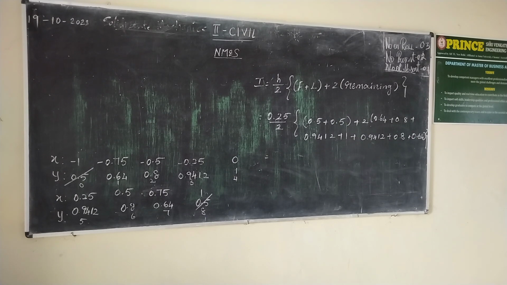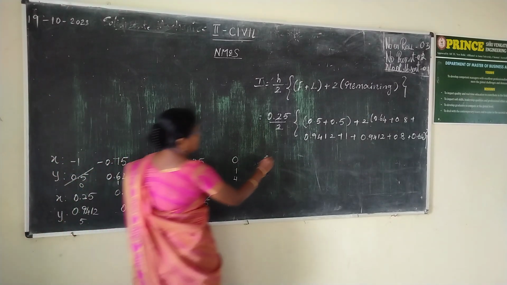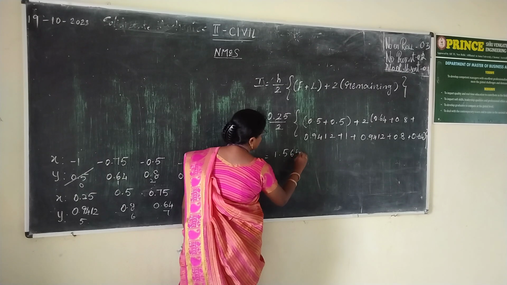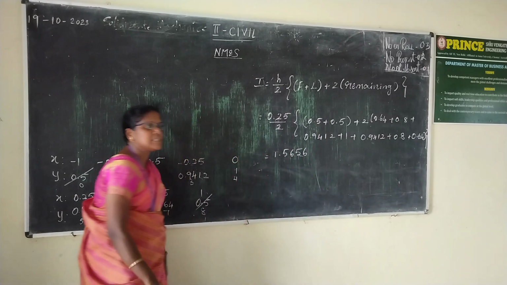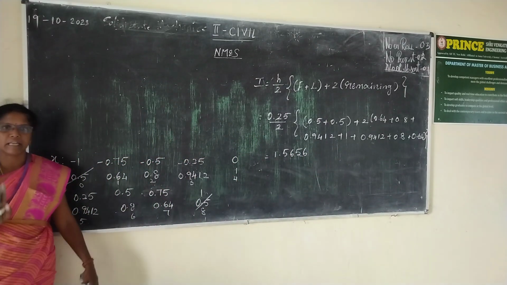So it's very easy, ma'am. Just frame your x and y values and substitute in the formula. The formula is also not a difficult one. So by trapezoidal rule you are getting 1.5656. In your exams, if you solve by any one formula, that is enough, ma'am.